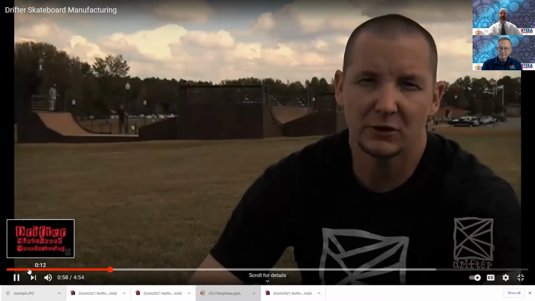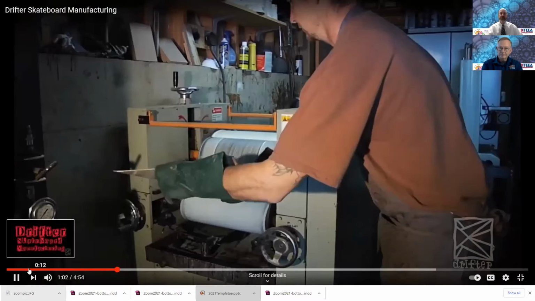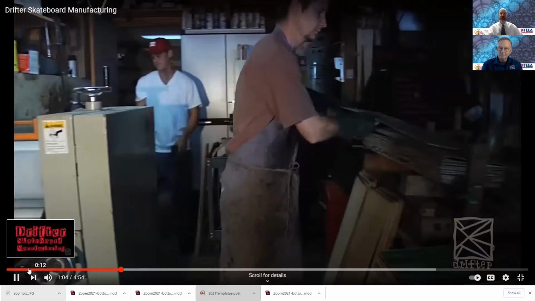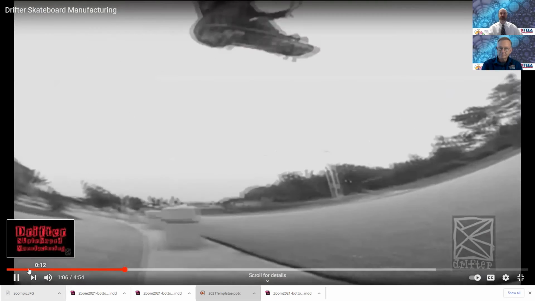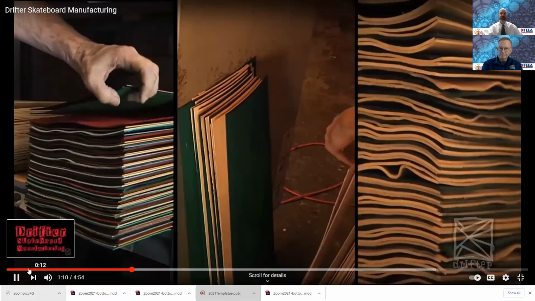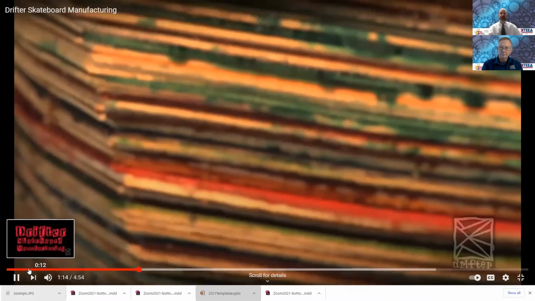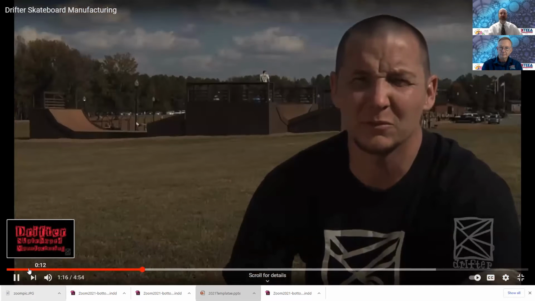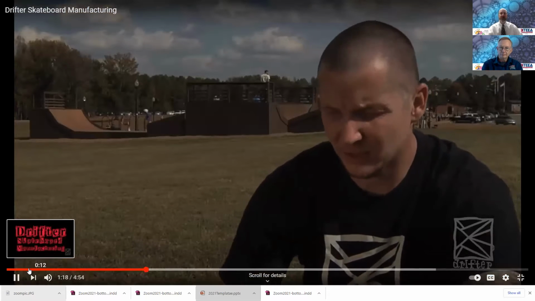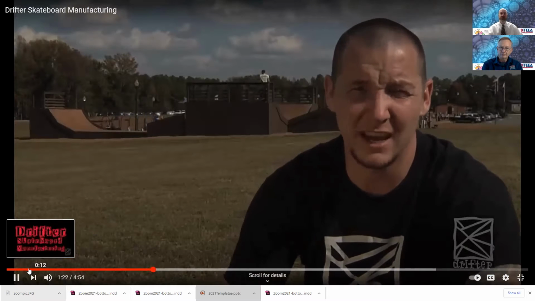Each ply that goes through the glue machine is consistently coated with the exact amount of glue to hold it together. There's a lot of manufacturers out there that are going to tell you, they're using, Canadian maple and all this. A lot of manufacturers that are just ordering shipments of skateboards from China, and that's what we're trying to stay away from. Everything's made by skateboarders who skate.